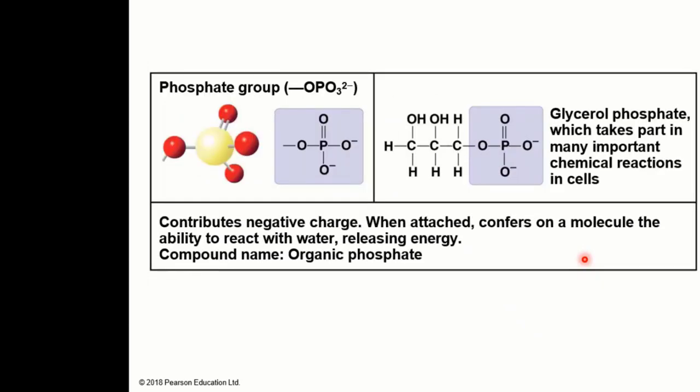Also the phosphate group, OPO3, which I think is the last one but one. An example is glycerol phosphate, which takes part in many important chemical reactions in the cell. It contributes a negative charge to the molecule, with the ability to react with water and release energy. Their compound name is organic phosphate.